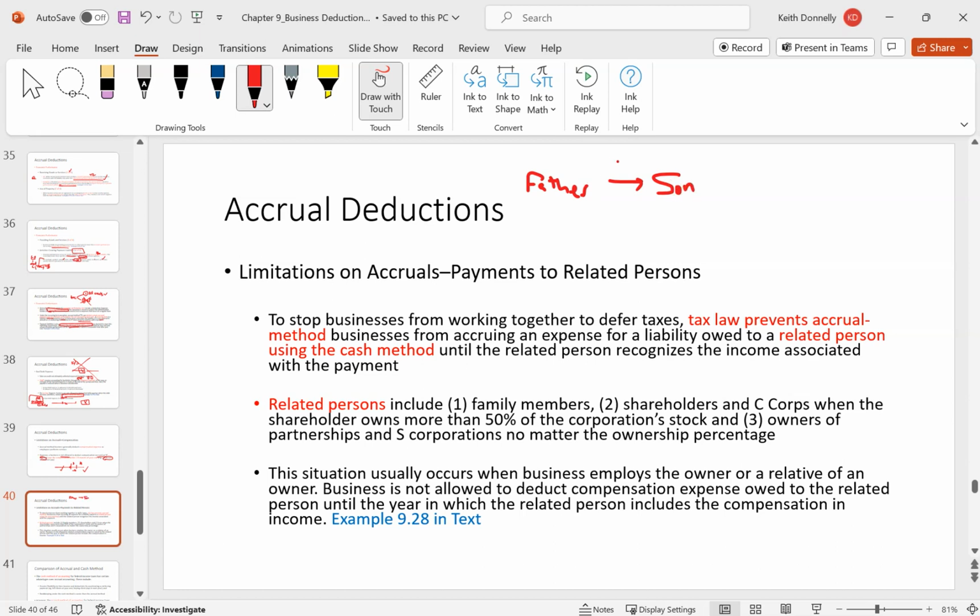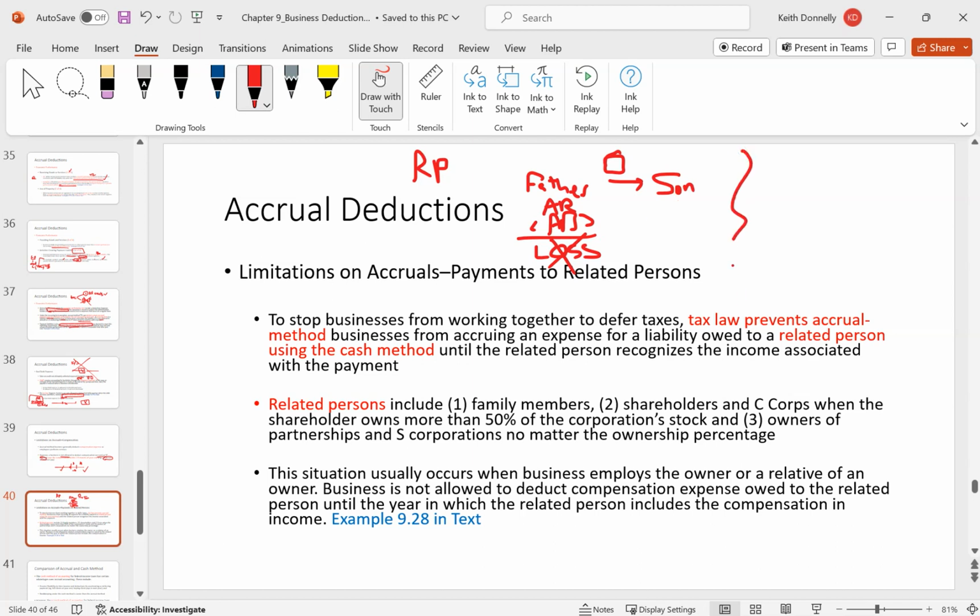Just say it's a machine or a house or a building, some kind of business property. If father, when he calculates that, amount realized minus adjusted basis, is at a loss, he does not get to use that loss, because these are related parties. Son, later on, when son goes to sell it, he might be able to use father's disallowed loss. That's the first setup with related parties.